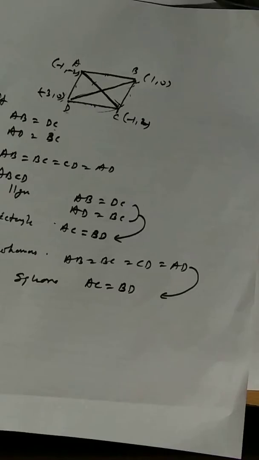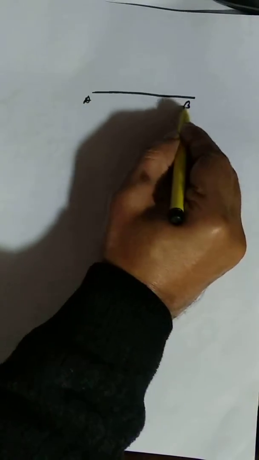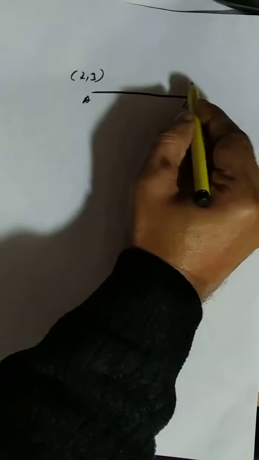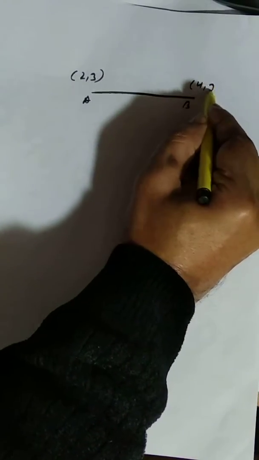Now the second topic that you are going to learn, or have to practice, is the section formula. What is the section formula? Let's consider a line segment AB. Say the coordinate of A is 2, 3 and that of B is say 4, 7, just for an example.